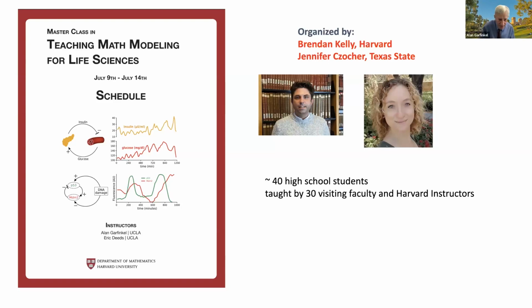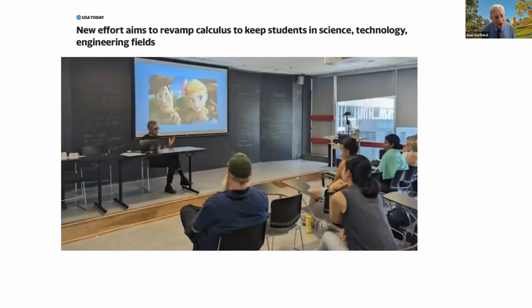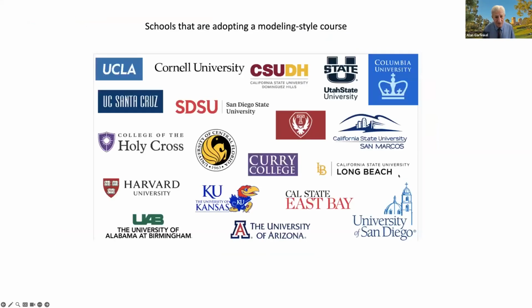So we taught the faculty, and the faculty taught the visiting high school students. This got written up in USA Today. Lindsay's going to post the link. As a result of this, we have a lot of schools, from the very fancy elite schools to absolutely working class 75,000 student state universities, and they have all adopted or are interested in adopting.